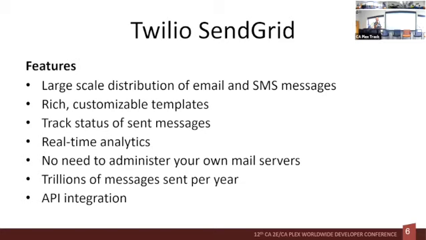I've heard customers in the past have their own mail servers when they want to send out emails. You don't have to worry about that anymore if you use a service like this. SendGrid itself has 80,000 customers, some quite high profile ones, and it claims to send out well over 1 trillion messages a year, which is a lot. And of course, we're looking at the API integration for this.